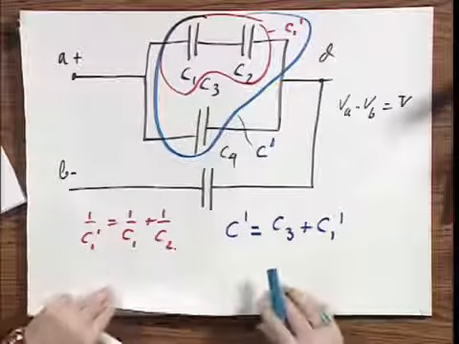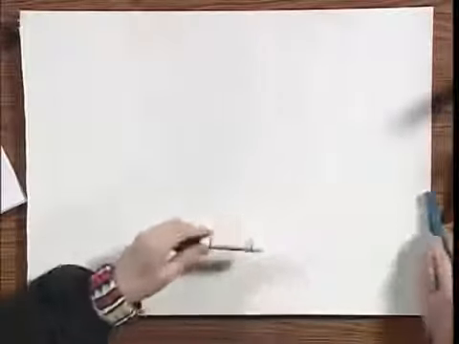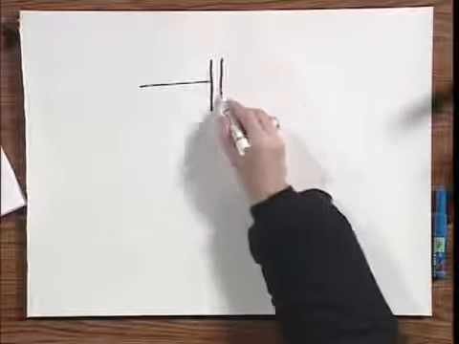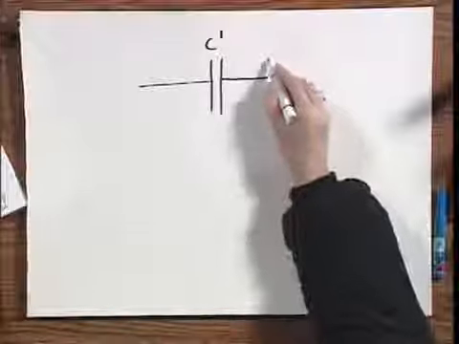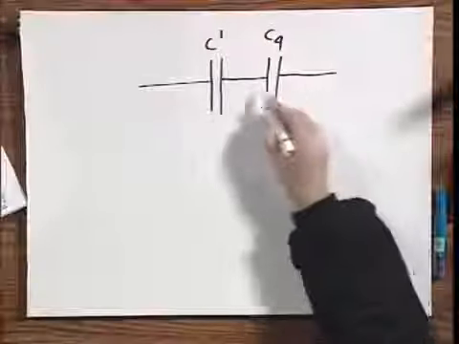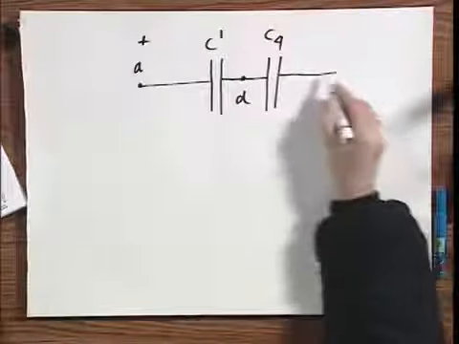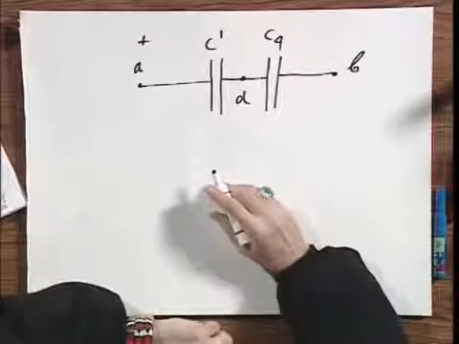And so I have now reduced this circuit to an entirely different circuit. I have now here C prime, and I know how large C prime is. Then I have C4. This point is D, this is A, and this is B. Check for yourself, this is exactly what the circuit is now.